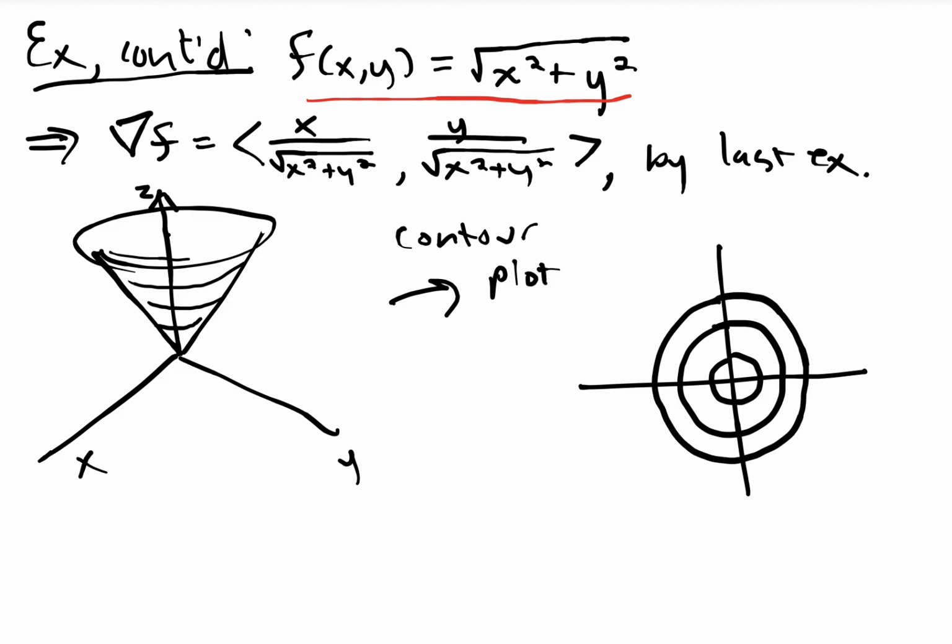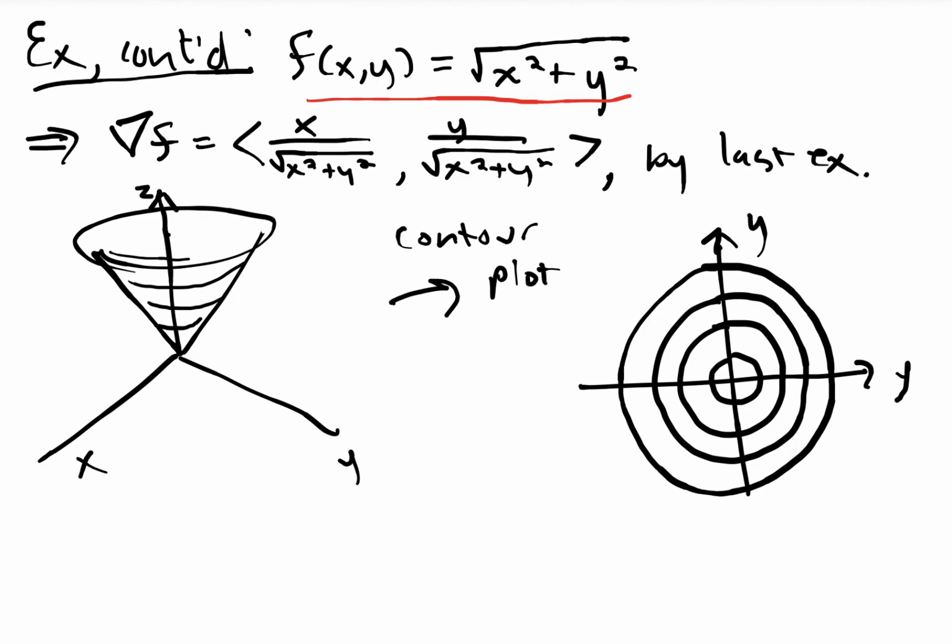So let's think about this. If I have these concentric circles, kind of a bullseye for my contour plot, we said before that all of my vector field vectors basically head straight out and away from the origin, right?